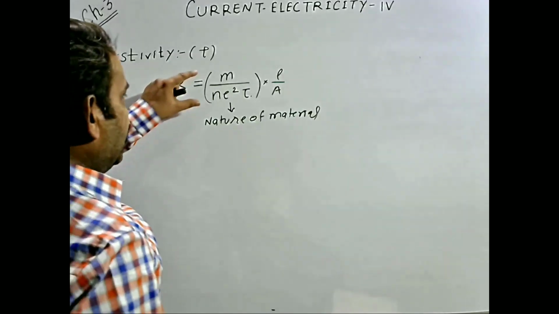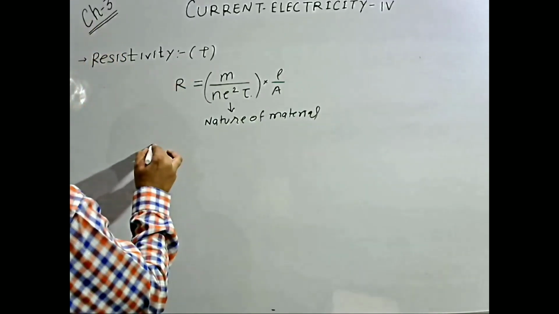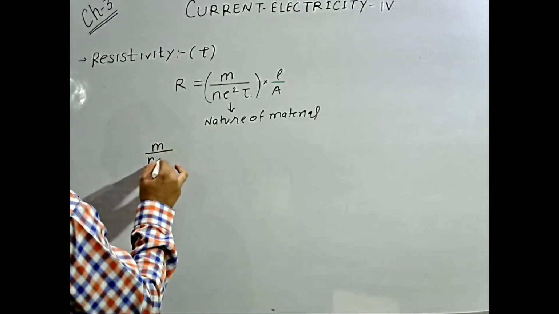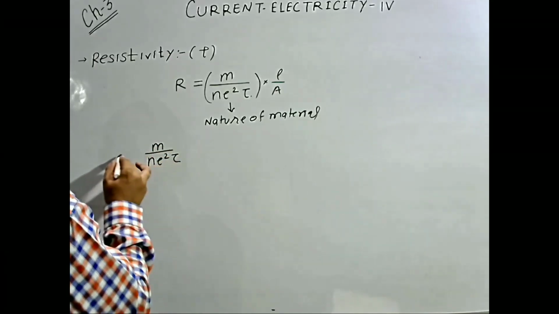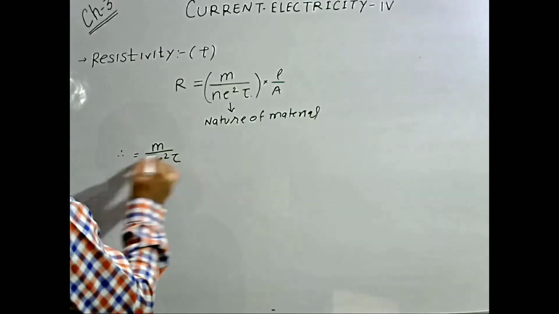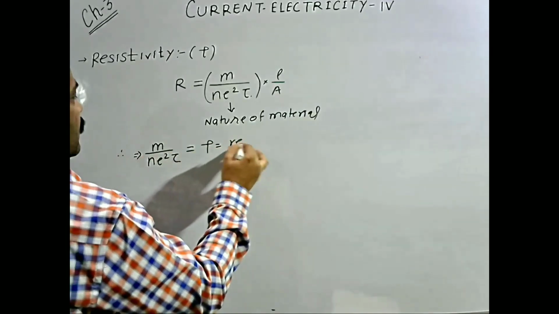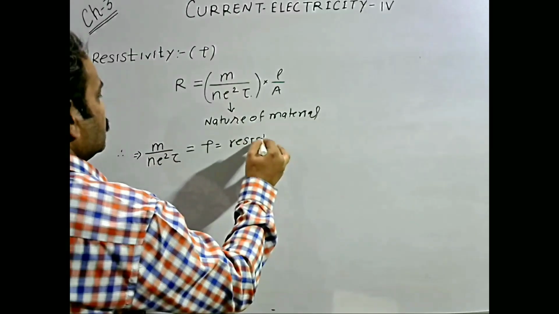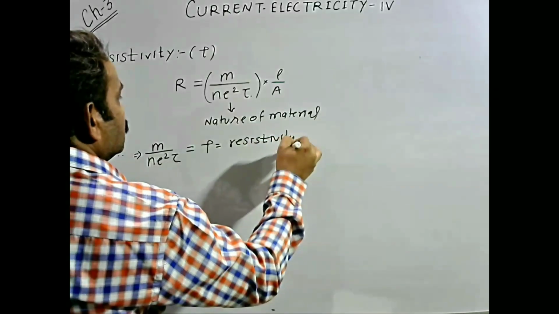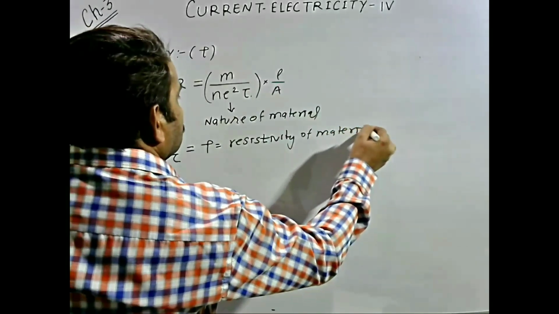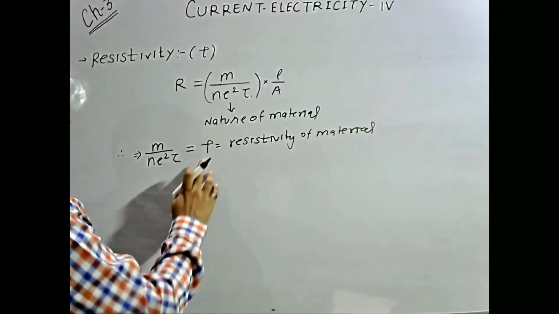So this quantity, m upon n e square tau, is known as rho or resistivity of material, and it is denoted by rho.